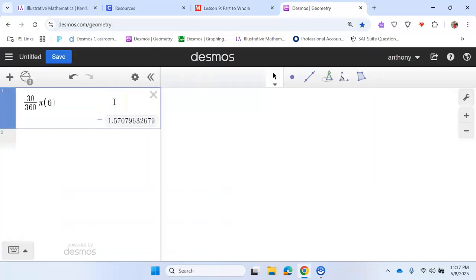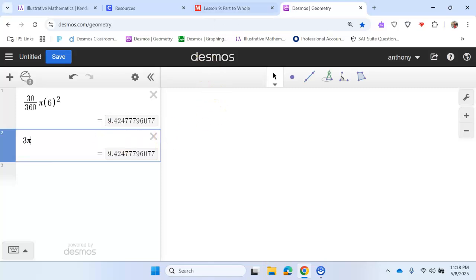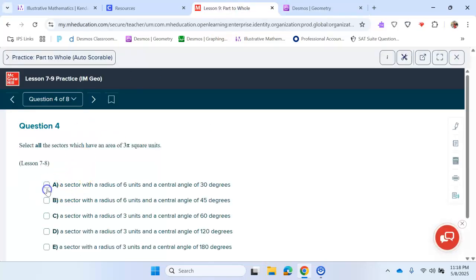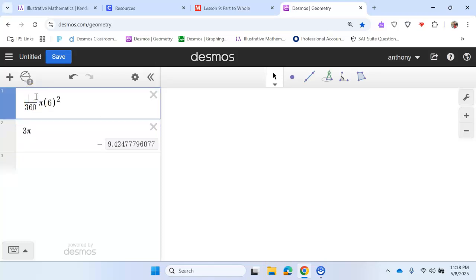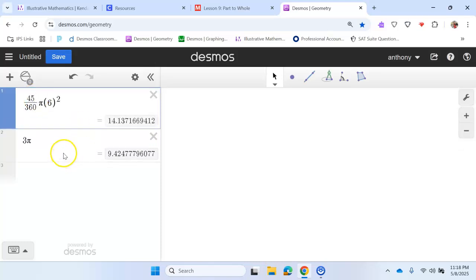In this case, the radius was 6. And they want to know if it equals 3 times pi, which it does. A sector with a radius of 6 and a central angle of 45. That does not equal 3 times pi.